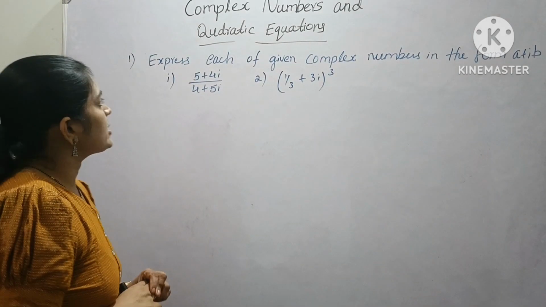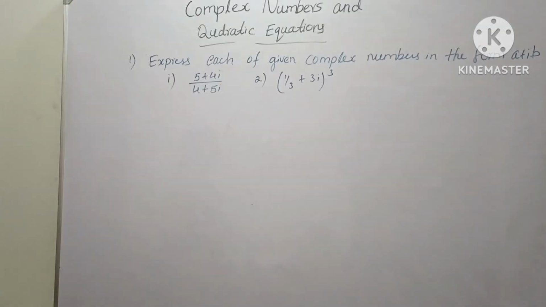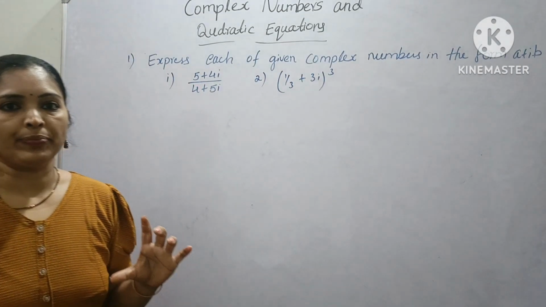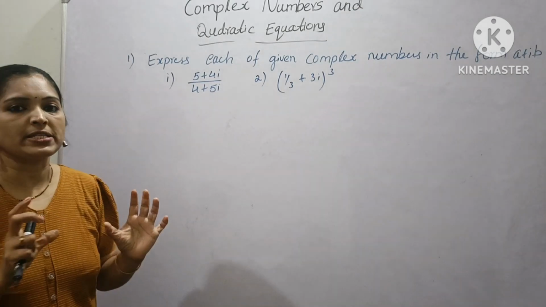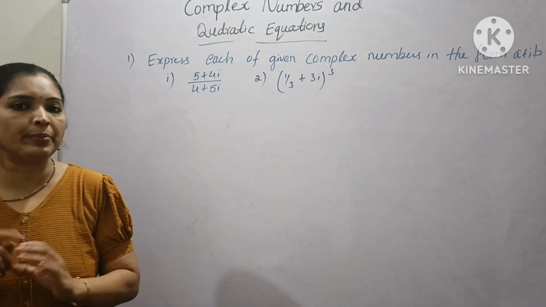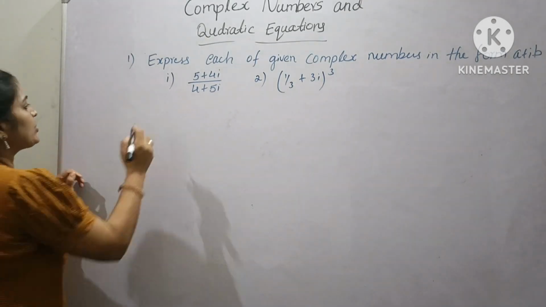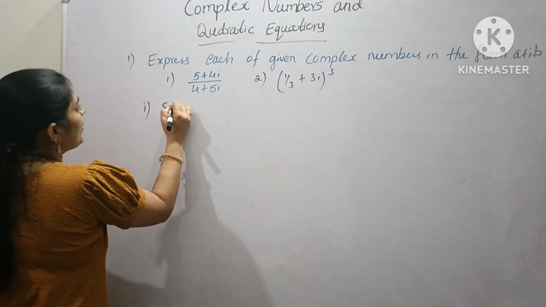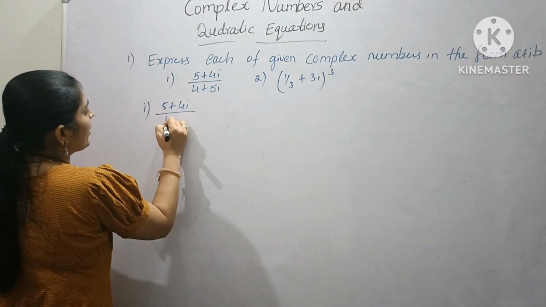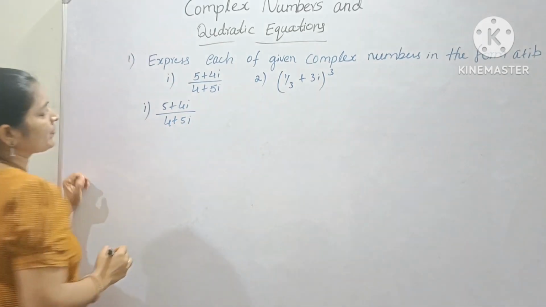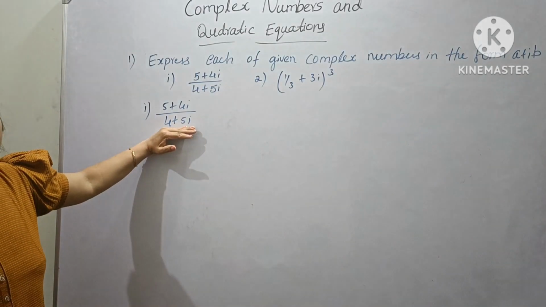First question is, express each of the given complex numbers in the form a plus ib. We have to make the given complex number in the form of a plus ib. So let us take the first one: 5 plus 4i divided by 4 plus 5i. See, the denominator is a complex number.